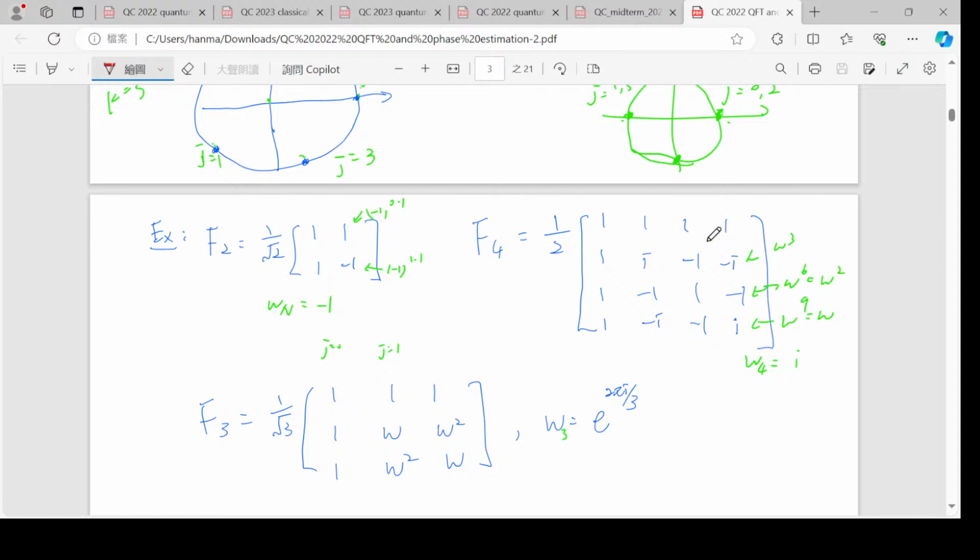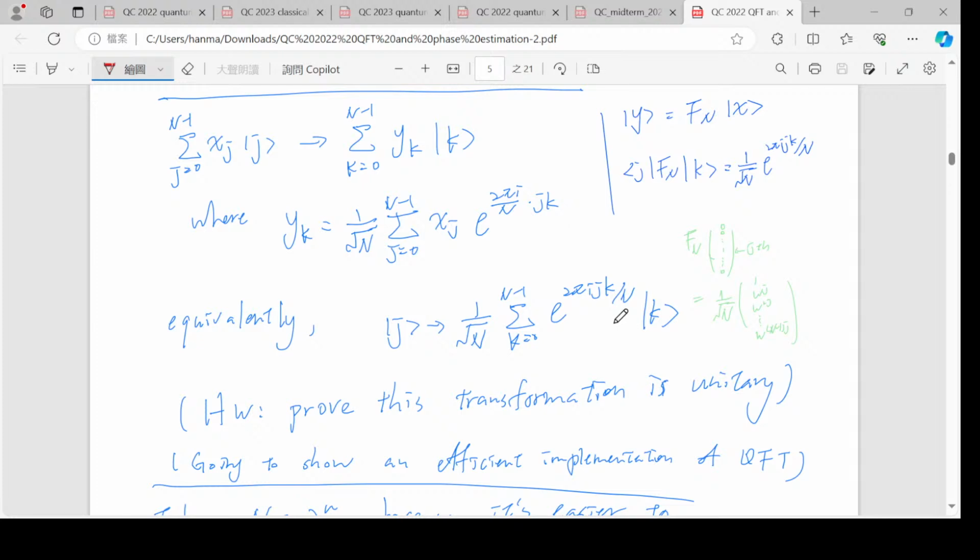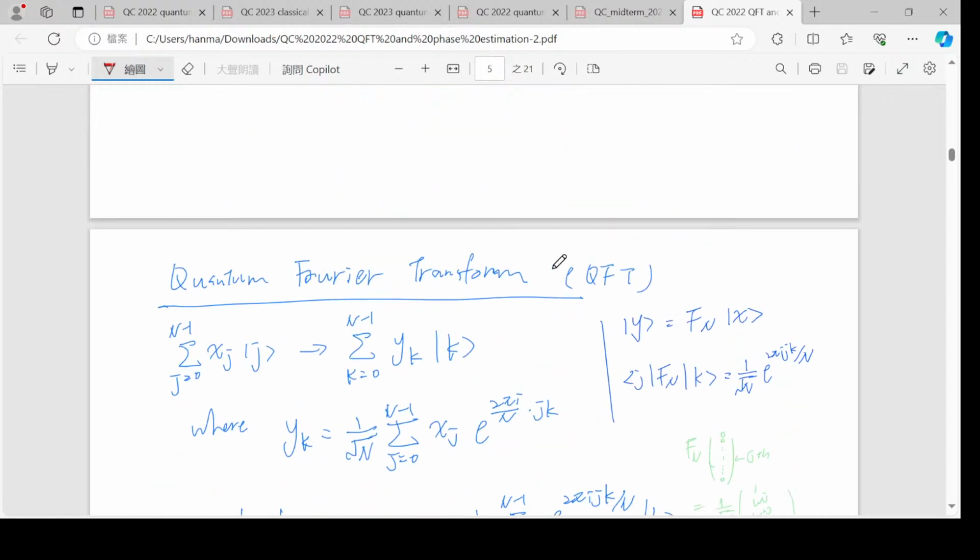And with j equal to 1, it's e to the, etc. It always has phase e^(2 pi i jk / n), where j is the input and k is getting summed over. Any questions about the definition of the quantum Fourier transform?